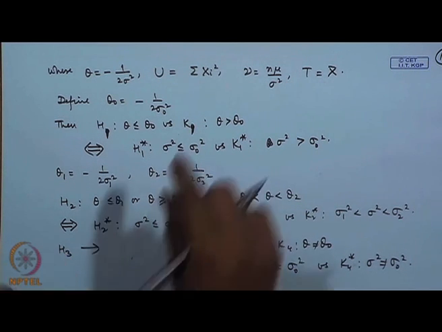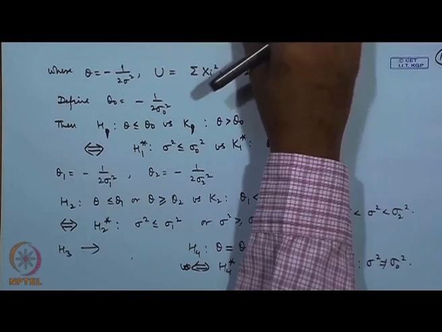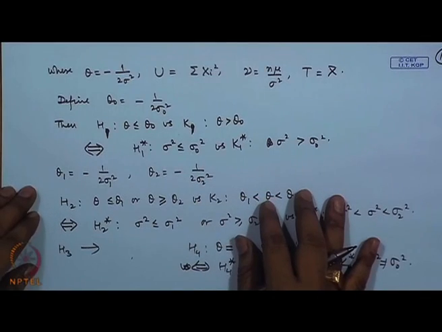Therefore, we have demonstrated here that the theory of UMP unbiased tests for multi-parameter exponential families, where we test for one parameter and the other parameters are treated as constants, is applicable for a two parameter normal population when we want to test for the variance. I have put it exactly in that framework.